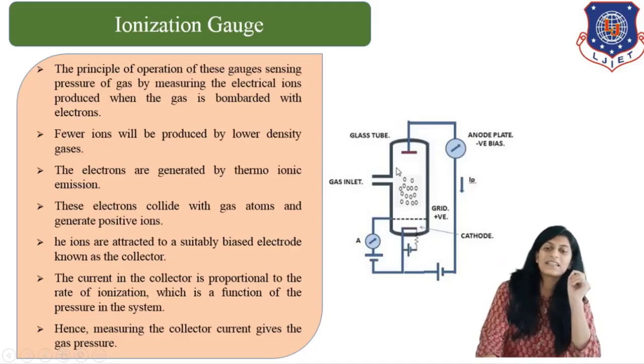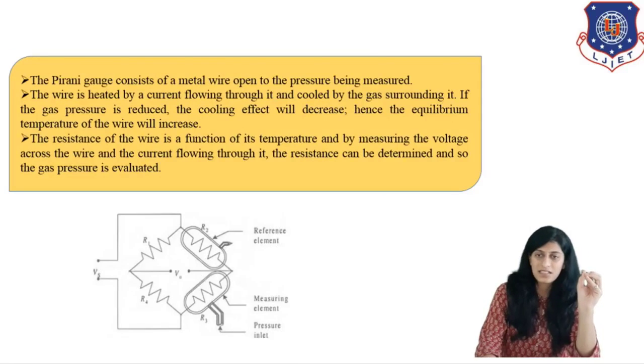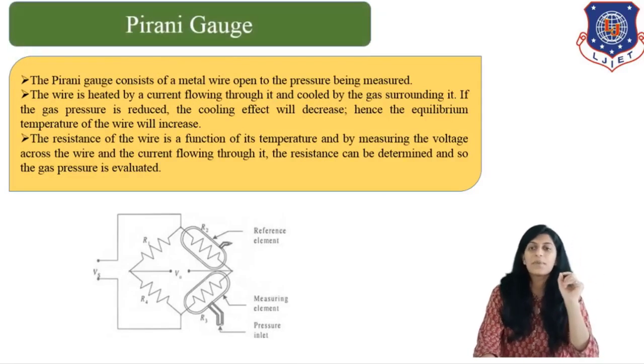So, the current in the collector is basically proportional to the rate of ionization, which is a function of the pressure inside the system. Next is the Pirani gauge.